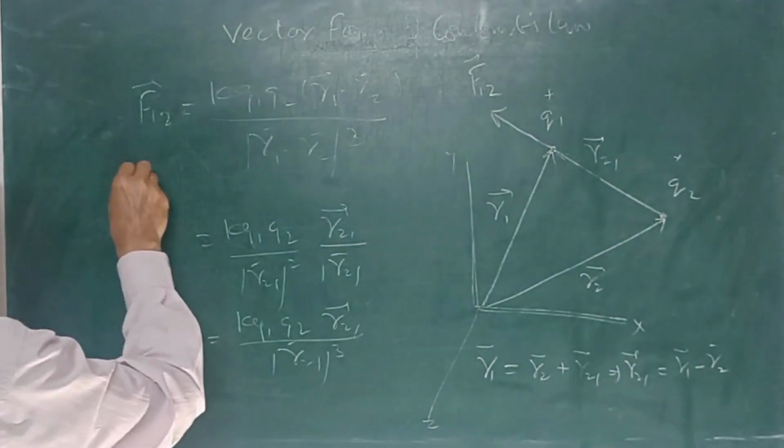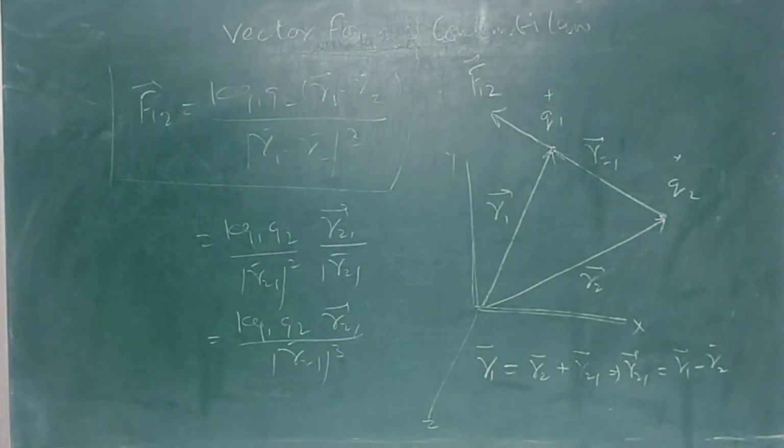So this will be the vector form of Coulomb's law.